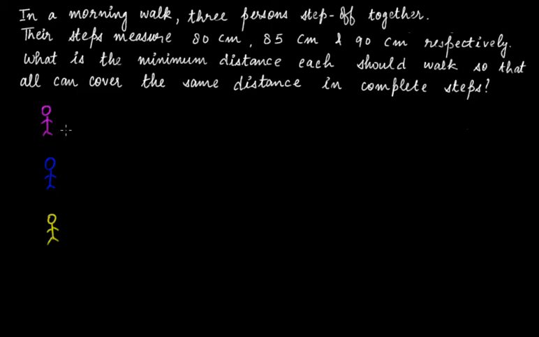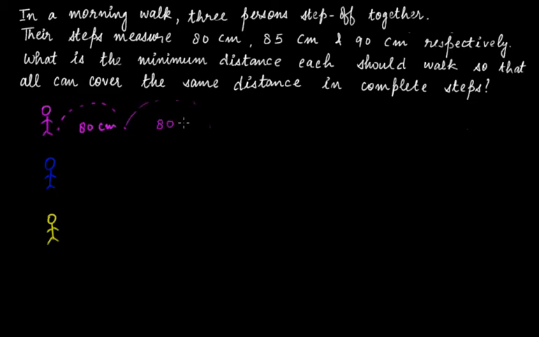The step measure of person A is 80 centimeters. So that means if this person takes one step, then it will cover 80 centimeter in one step. In the next step it will take another 80 centimeter.